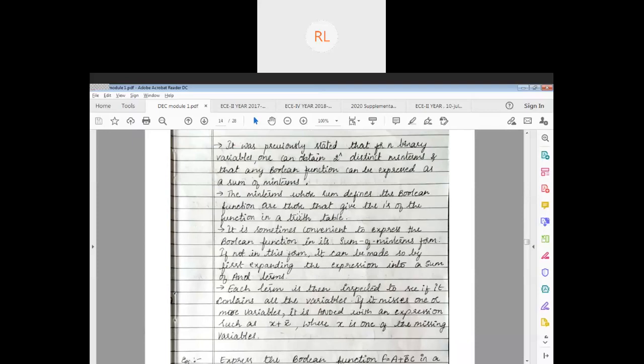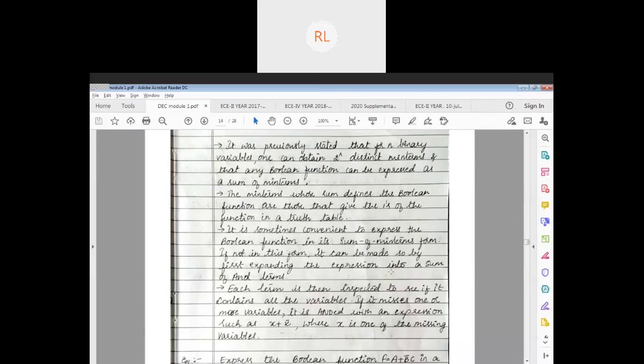It is sometimes convenient to express the Boolean function in its sum of min terms, like I always suggested previously. Most of the computations that we do make use of min terms; min terms are widely used. If it is not in sum of min terms, it can be made so by first expanding the expression into a sum of AND terms.